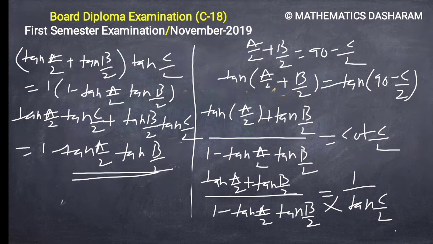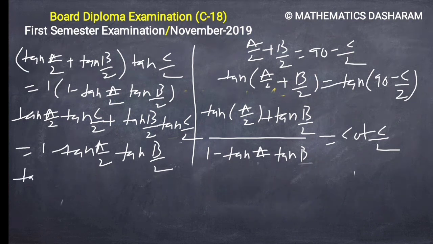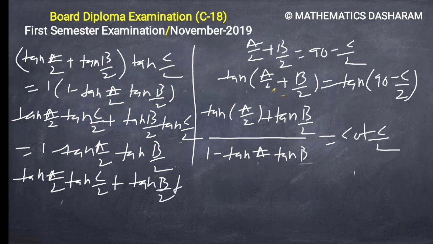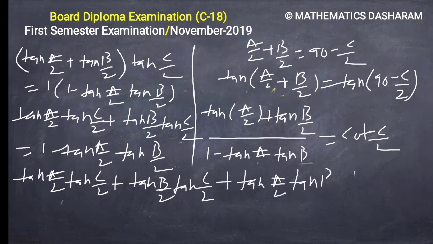Now this negative term is transposed to the left side. So tan a by 2 into tan c by 2 plus tan b by 2 into tan c by 2 plus tan a by 2 into tan b by 2 equals 1. So hence proved.